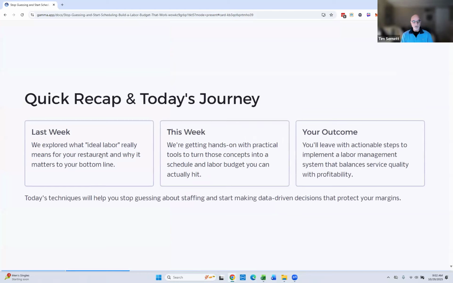So last week we explored the ideal labor, what that really means for you and your restaurant conceptually, and how to challenge what you're thinking about every task in your restaurant. Is this the best way to do that? Is this the best person to be performing that task? Should someone else be doing that work?